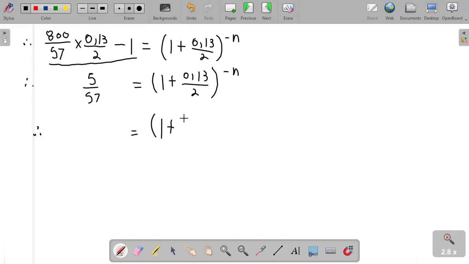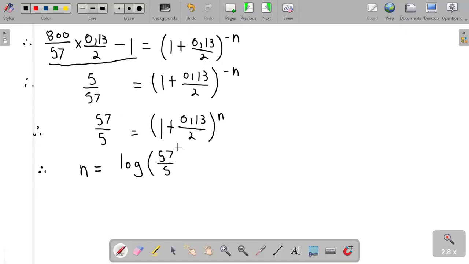We can say 1 plus 0.13 over 2. Then it means therefore n will be equal to log of 57 over 5 divided by log of 1 plus 0.13 over 2.